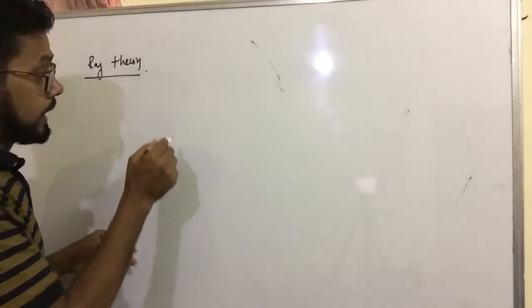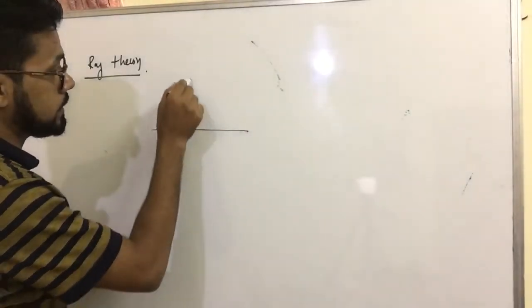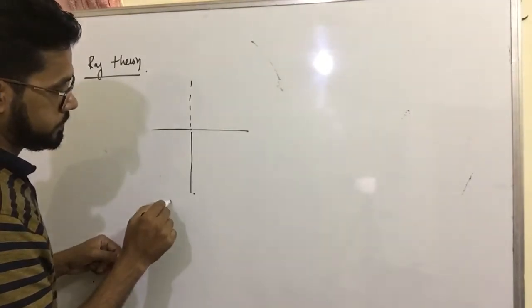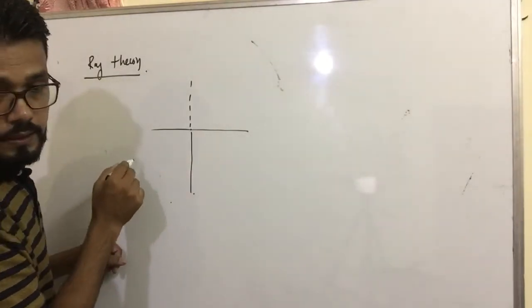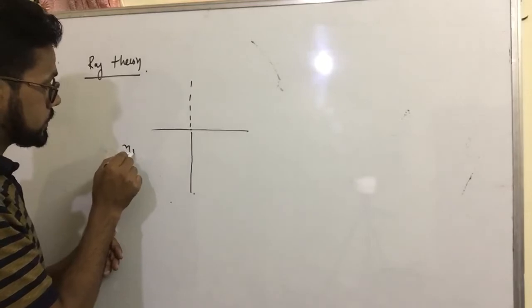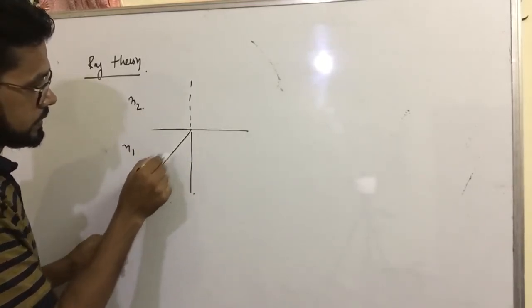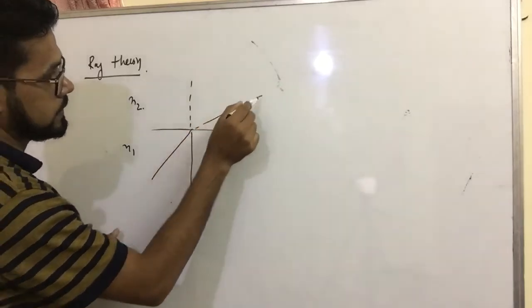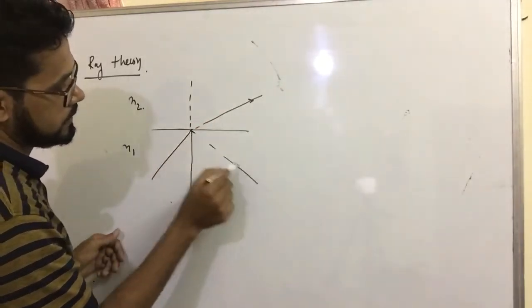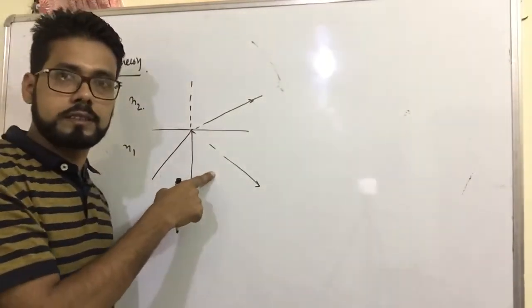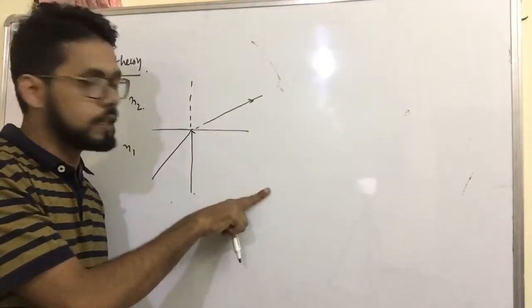Ray theory will explain the behavior at the boundary. Suppose this is medium 1 and this is medium 2, this is the incident light, this is reflected, and there is a little bit of reflection taking place. We'll forget about this part right now.